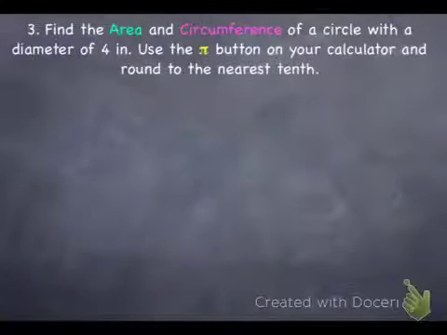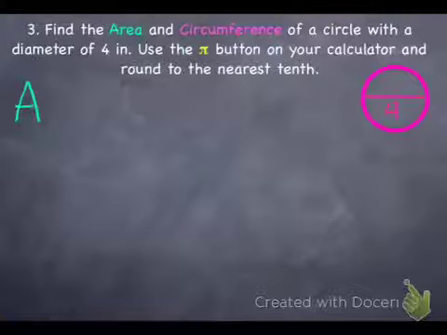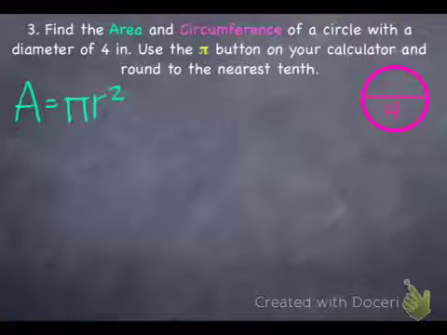Okay, number 3 says find the area and the circumference of a circle with a diameter of 4. So they're giving us a measurement for diameter, which is straight across, and they're telling us that it's 4. So area, we have to first recall our formula, which is area is pi r squared, and then we have to start substituting.